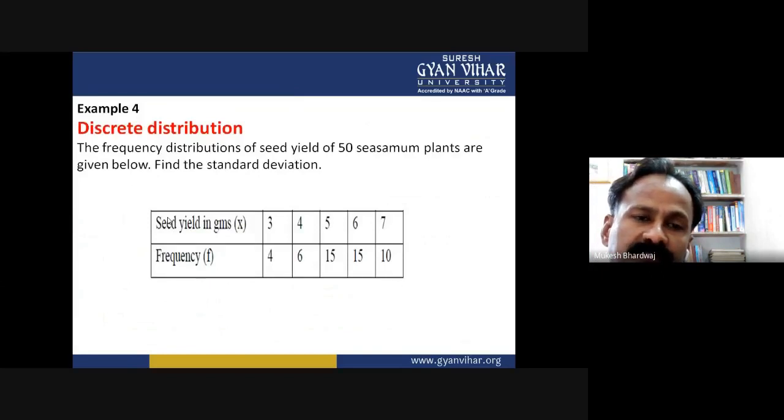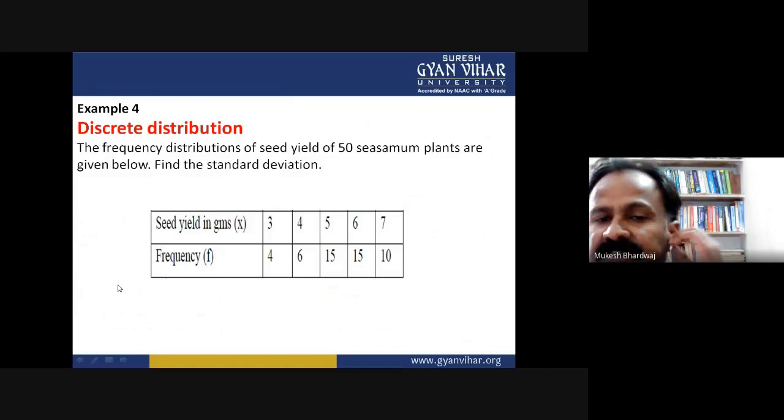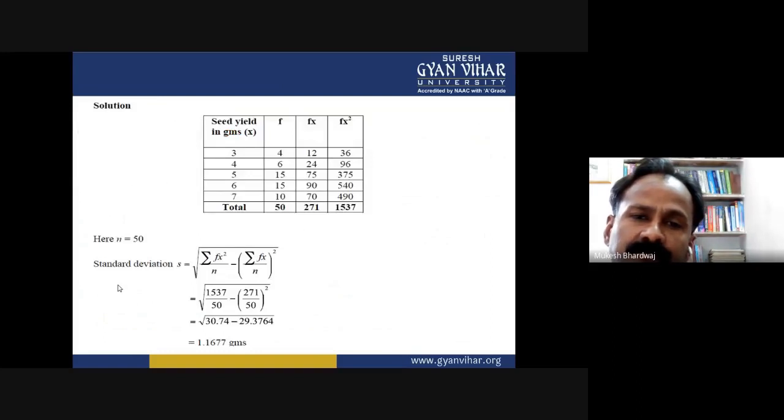Now the standard deviation for frequency distribution type data, or discrete distribution type data. The seed yield in grams 3, 4, 5, 6, 7 and the frequencies 4, 6, 15, 15, 10 are given to you. Use the formula, create the table, introduce the columns according to the formula, and do the summation of all the data in the last row, that is, the total.